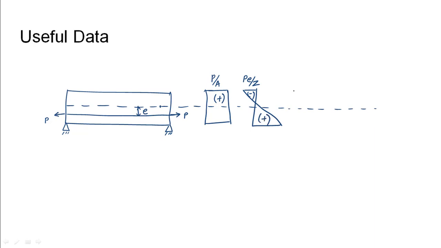Another component would be due to the weight of the beam or any kind of external load, so live loads or dead load of the beam. So due to that there will be a moment that would essentially be in the opposite direction of the eccentric force, which will be given as M by Z, and this would be positive and here it would be negative.